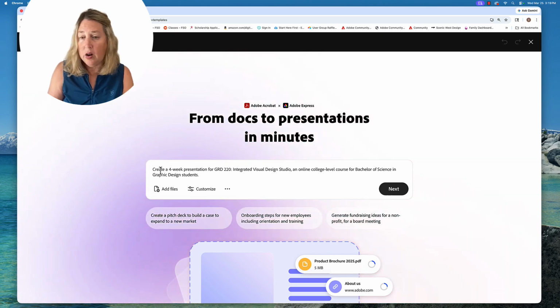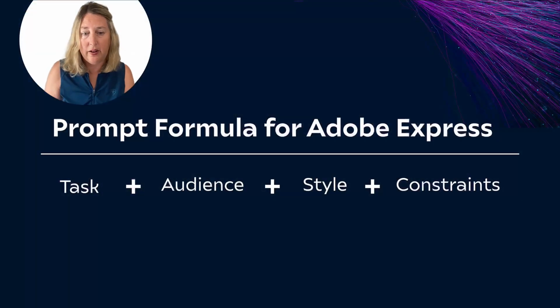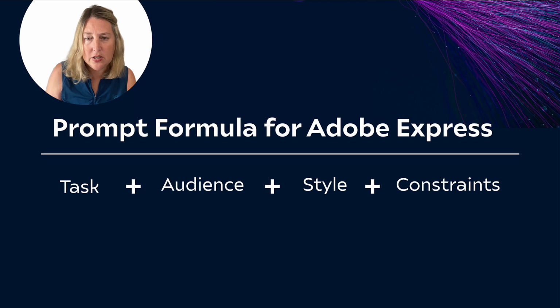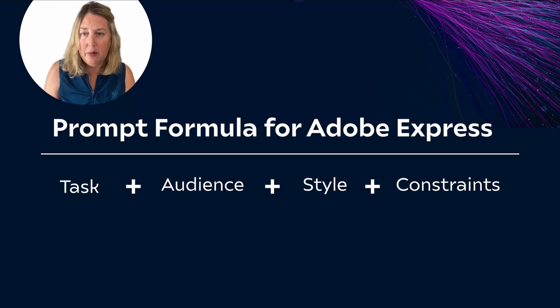The second thing that's very important is giving AI some information about the students or who the target audience is. This is very important because, again, we want to explain to AI who we are presenting to. So first task, the second thing is audience.